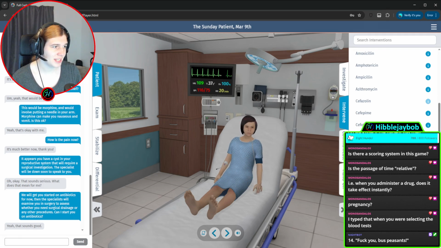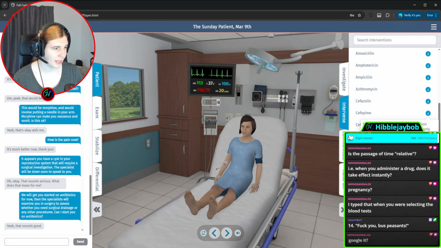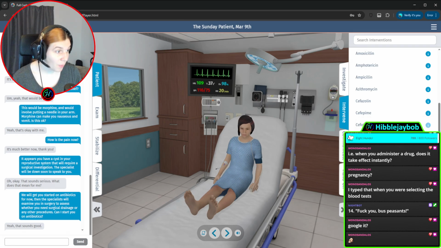Okay, azithromycin might be the one that we go for. Fourth generation antibiotic. Hospital-acquired pneumonia. Google it? Yeah, well. Cefotaxime. Pneumonia, gonorrhea. Diverticulitis. Doxycycline. Yeah, this is honestly where I remember that I am not a doctor.